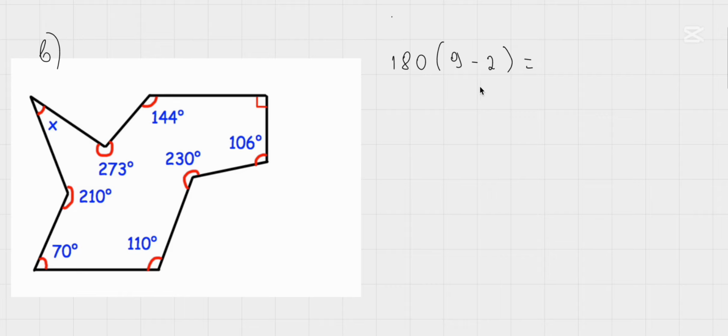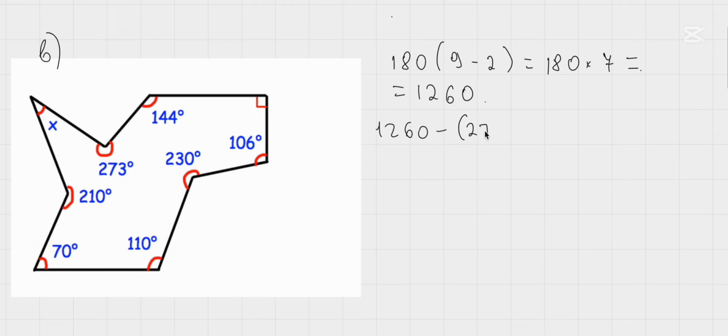Now 9 minus 2 will be 7. So it will be 180 times 7. So now let's see what this makes. Basically 180 times 7, it will make 1260. Now let's add these all angles and subtract from 1260.